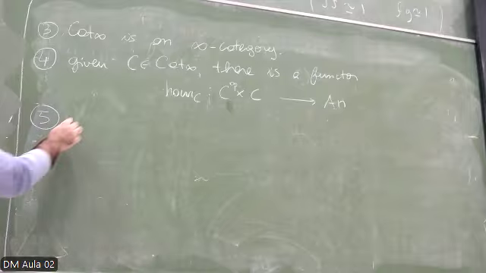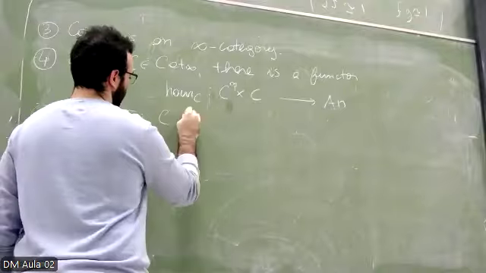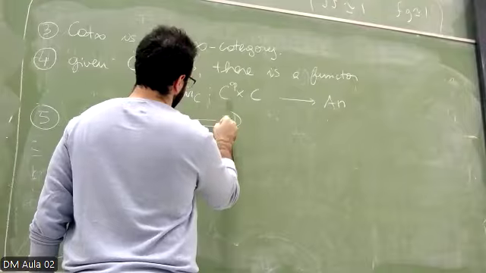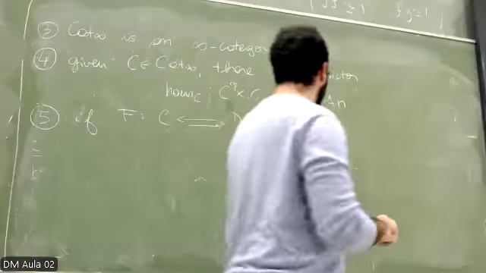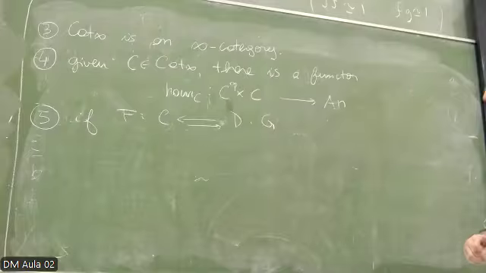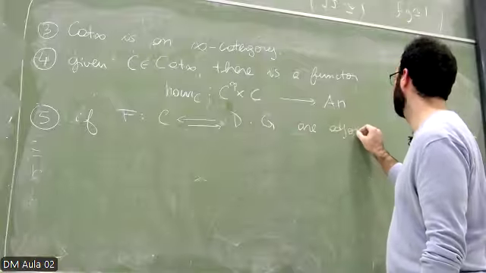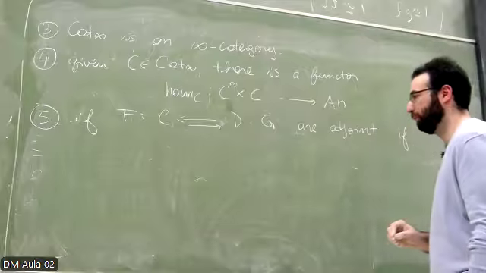So if I have a pair of functors, F and G, between two infinity categories, I say that they're adjoint if the following happens.